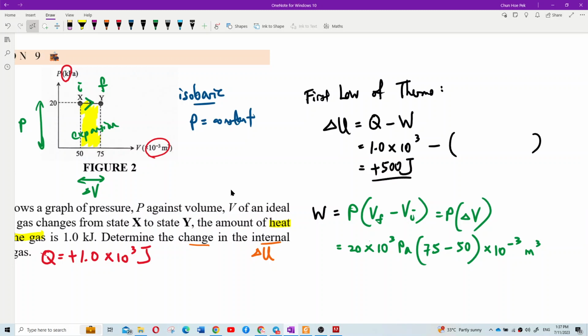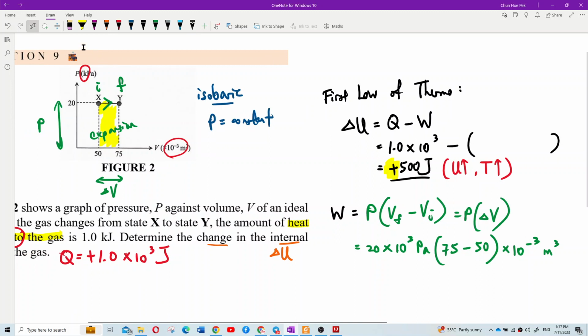So what does it mean, class? What does it mean by positive delta U? Kalau delta U positif maksudnya apa? Internal energy increase, temperature increase. Betul tak temperature ada increase, class? Betul.